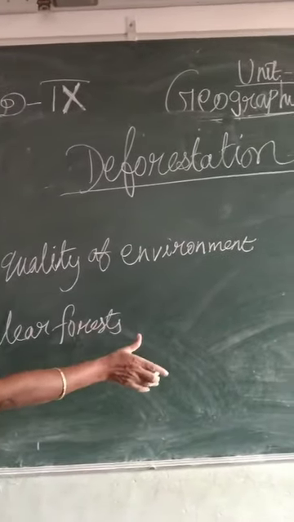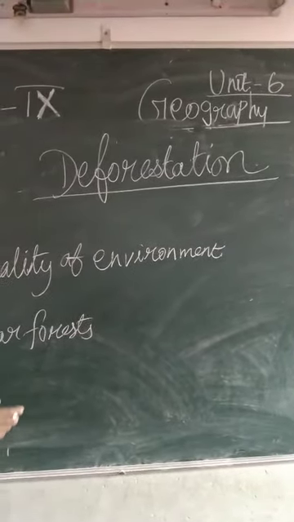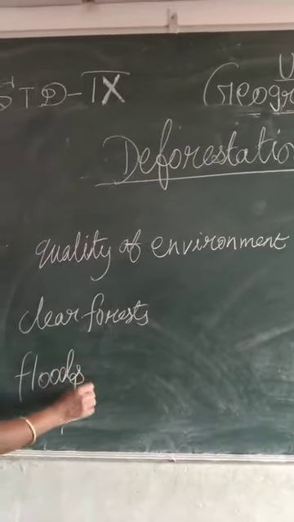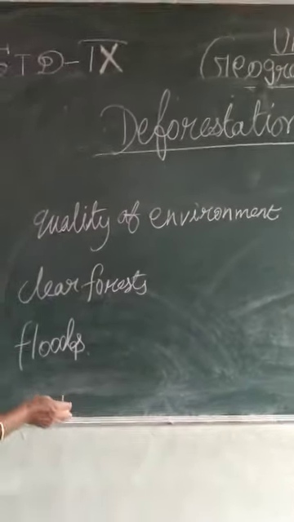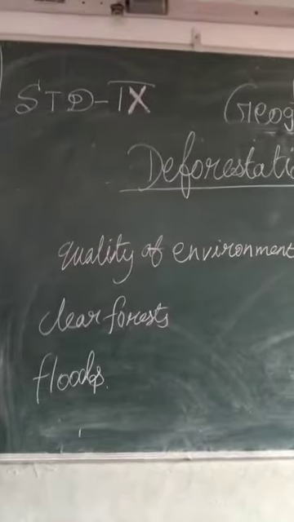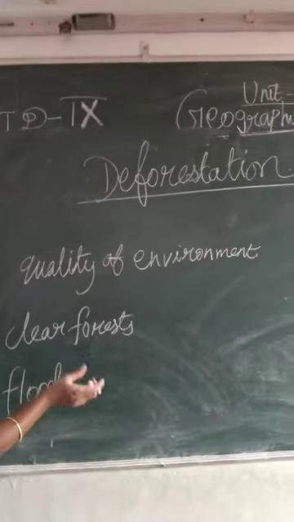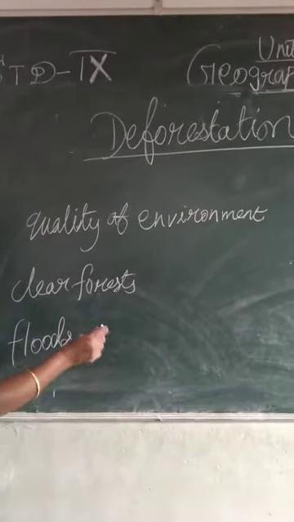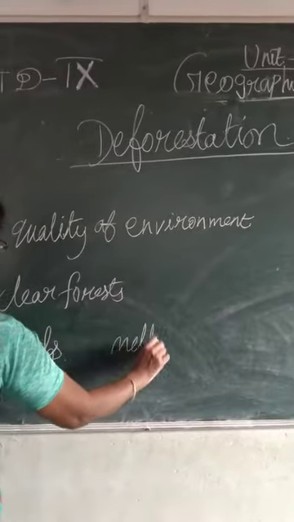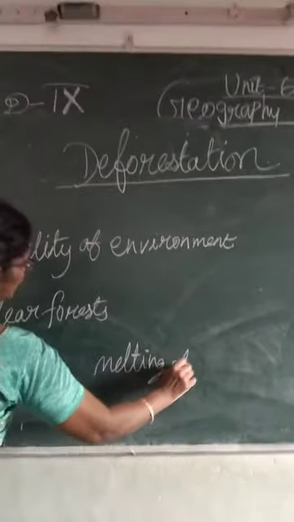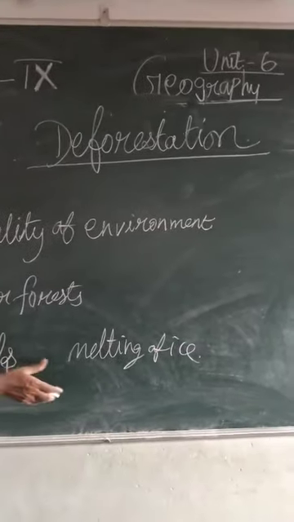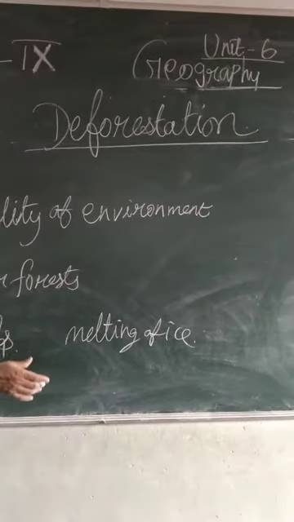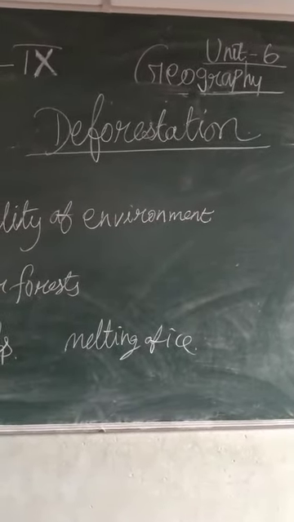Effects of deforestation. Deforestation results in many effects like flood and drought, loss of soil fertility, air pollution, extinction of species and global warming, spread of desert, depletion of water resources, melting of ice caps and glaciers, rise in sea level and depletion of ozone layer.